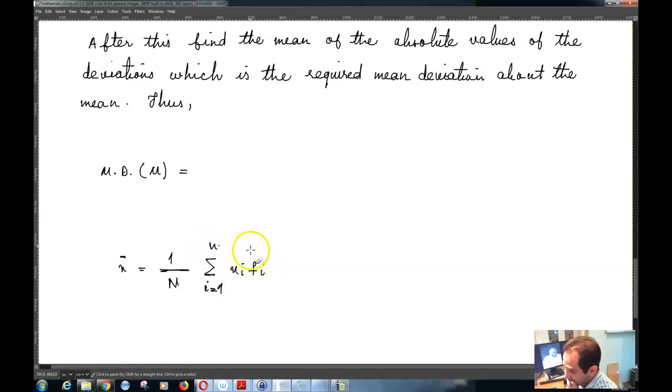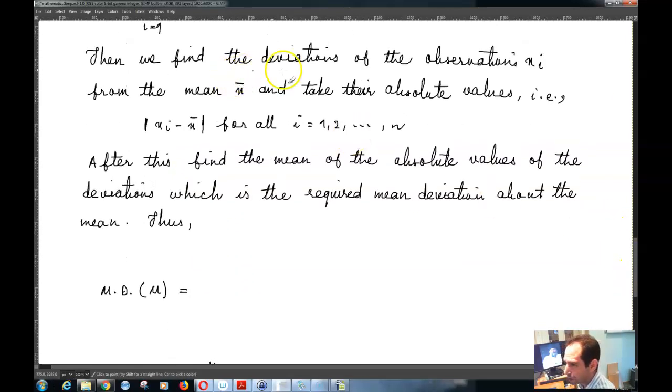So now I need to find the deviations of the observations x of i from the mean x bar, and then take their absolute values.